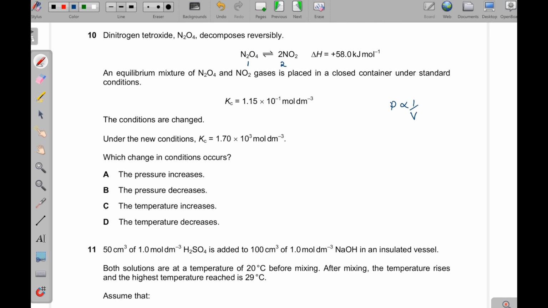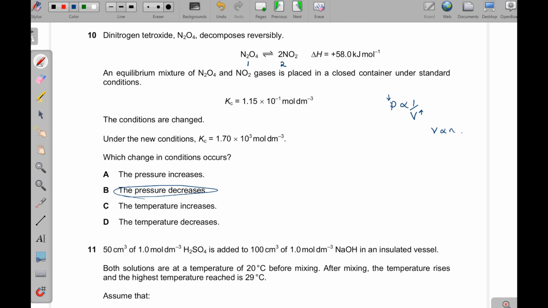Okay, so pressure is going to increase if you reduce the volume, but volume also, we know that it is directly proportional to the number of moles. Okay, now the number of moles are many this side, so that means volume has increased. That means pressure has to reduce. Now you have to decrease the pressure. Are we there?